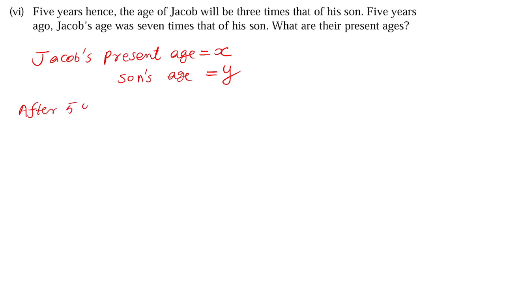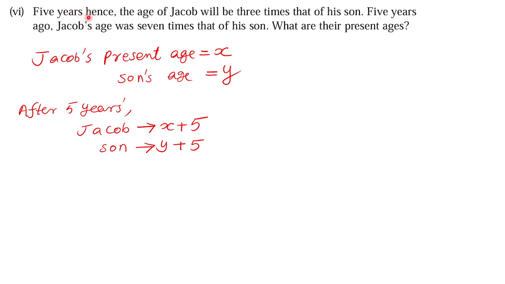After 5 years, Jacob's age will be X plus 5 and son's age will be Y plus 5. The age will be increased by 5 after 5 years, right? Everyone's age will be increased, okay? Understood. So, after 5 years, Jacob's age will be X plus 5, son's age will be Y plus 5.